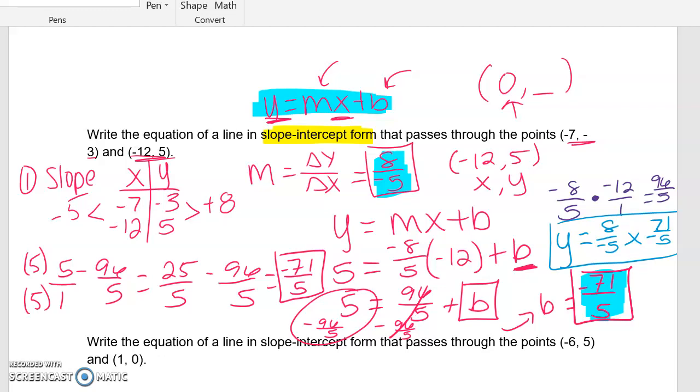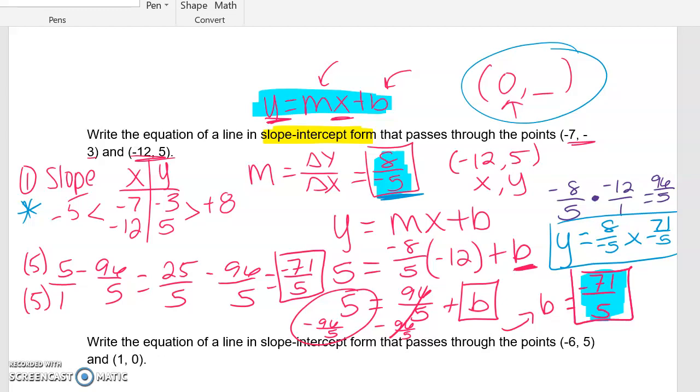But let's just talk about what I did in that problem generally. First things first, I found my slope. Once I found my slope, since I wasn't given my y-intercept as a coordinate, I had to work to find my b, which meant that I took one of the points and plugged it in. So I chose -12, 5. You could choose the other point if you want.